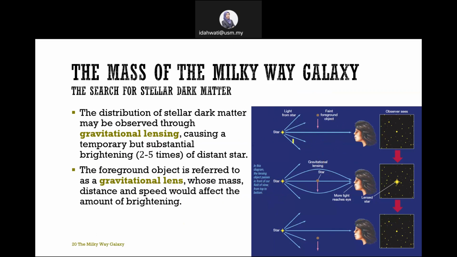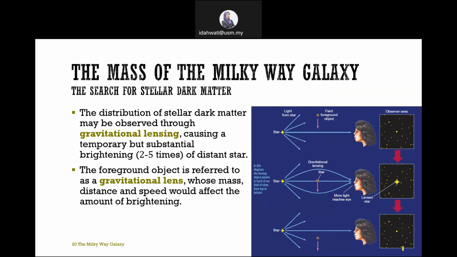Let's say this is the star, and the observer is here. The foreground object makes the light from the star look fainter, and you see the result here. For the next one, more light reaches the eyes because of the effect of gravitational lensing. So the lensed star will be seen like here, and also the last one.